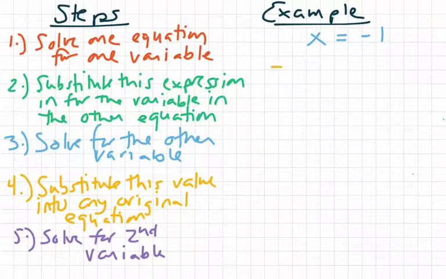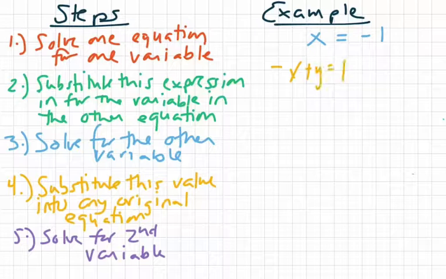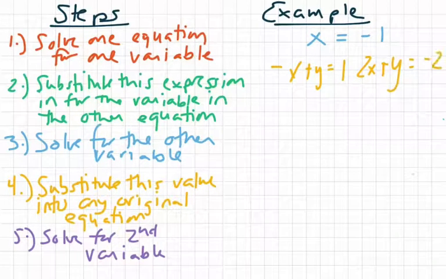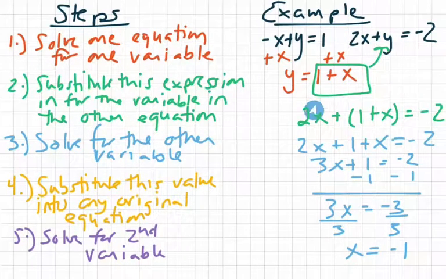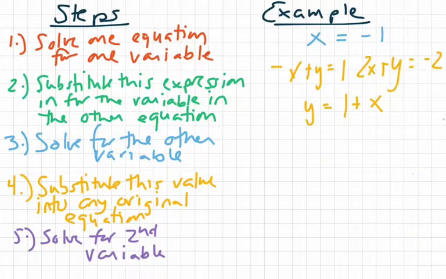So the original equations were -x plus y equals 1 and 2x plus y equals -2. And you can pick either equation, okay? Either one will work. You could also use your solved equation. So you could use the y equals 1 plus x. In fact, that's often a really good one to use. So let's go ahead and use it.